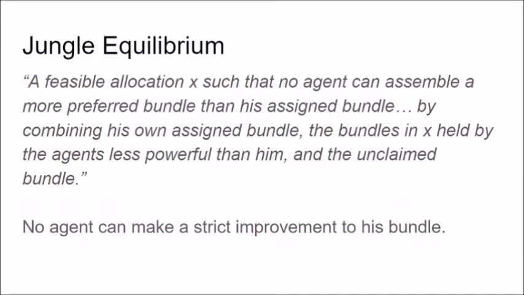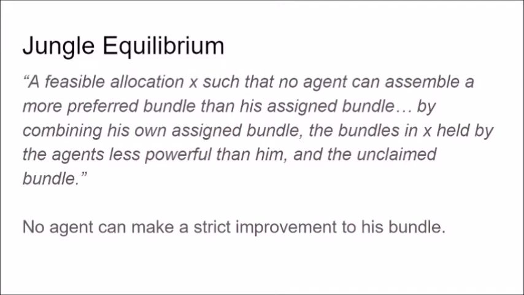So equilibrium in a jungle economy, I'm going to read the definition that Ponks gives. The equilibrium is a feasible allocation, x, such that no agent can assemble a more preferred bundle than his assigned bundle by combining his own assigned bundle, the bundles in X held by agents less powerful than him, and the unclaimed bundle. What that means, to condense it into fewer words, is that no agent is able to make a strict improvement to his bundle.